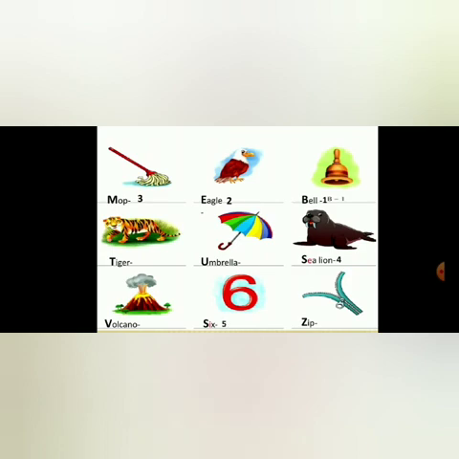Now, after S, which letter will come? T. Is there any word in this exercise? Yes, tiger. So we will put number 6. After T, U. U is there? Yes, umbrella. So we will put number 7.